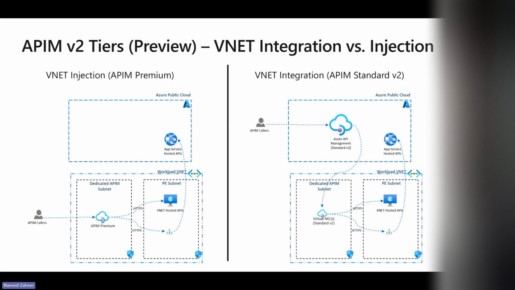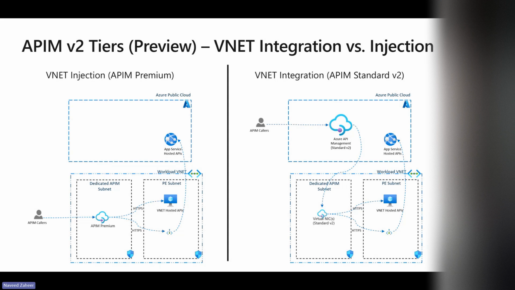In that case, the entire infrastructure of the API management is inside your subnet. Basically, you can access services running inside that VNet, or if you have connectivity to on-prem through Express Route or site-to-site VPN, you can do that.